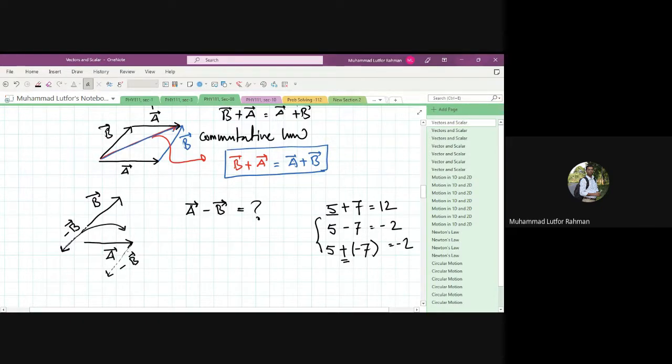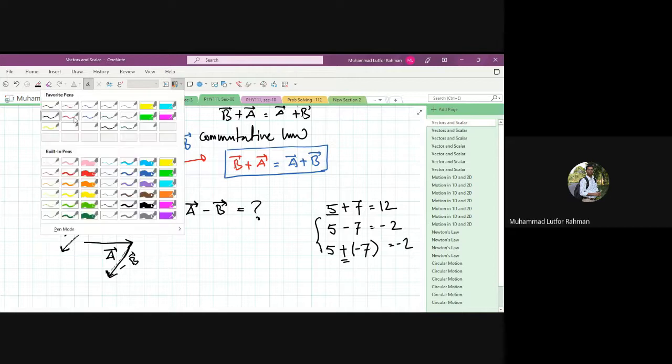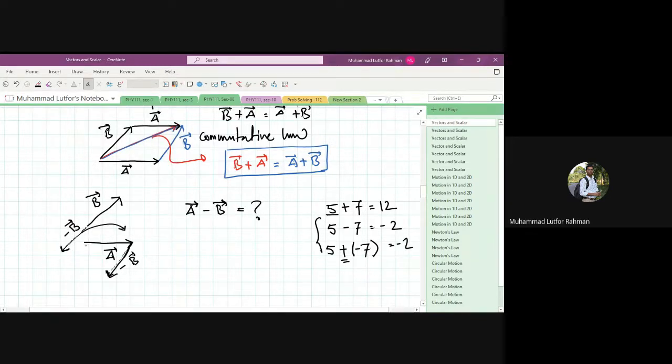Now they are satisfying the first condition, a head to tail connection. Then I can say my resultant vector will be this one.